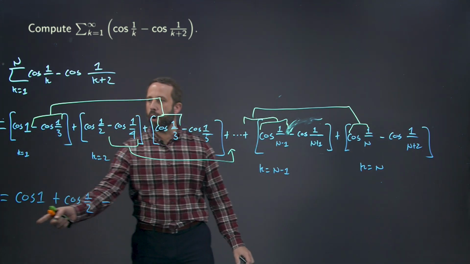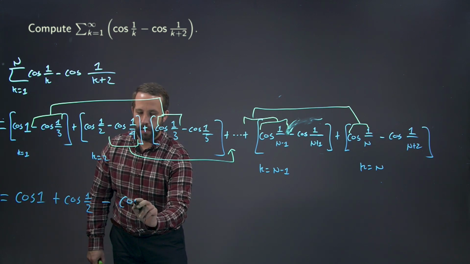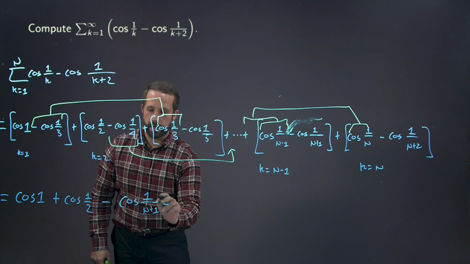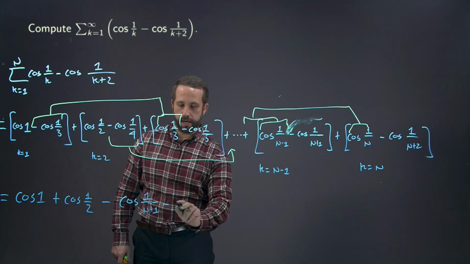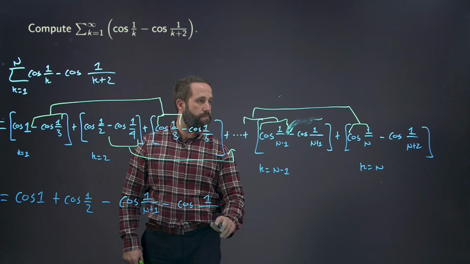So this is cosine 1 plus cosine 1/2 minus cosine 1 over n plus 1 minus cosine 1 over n plus 2.